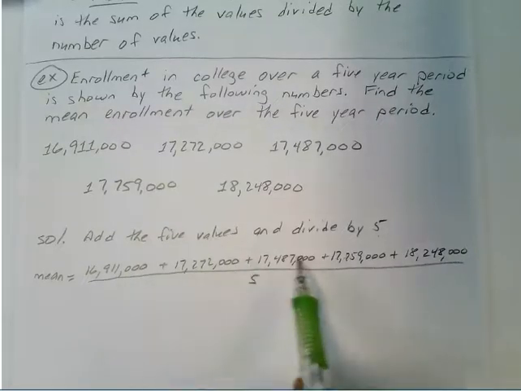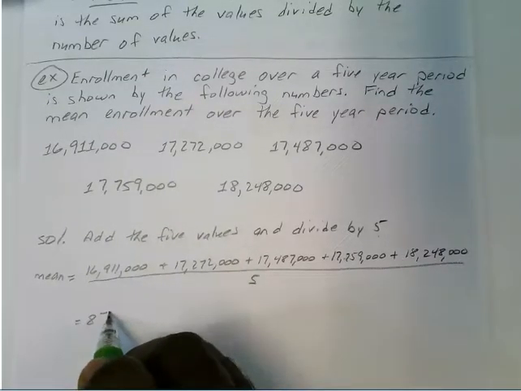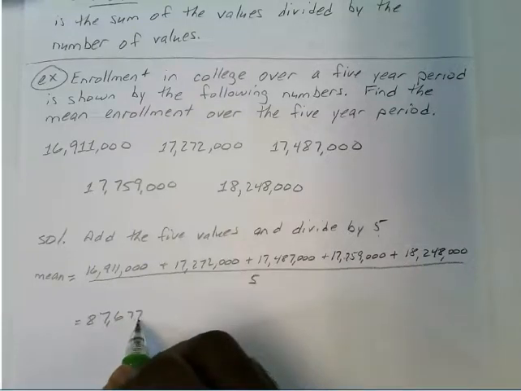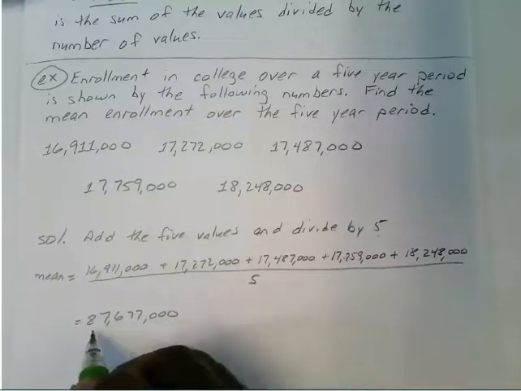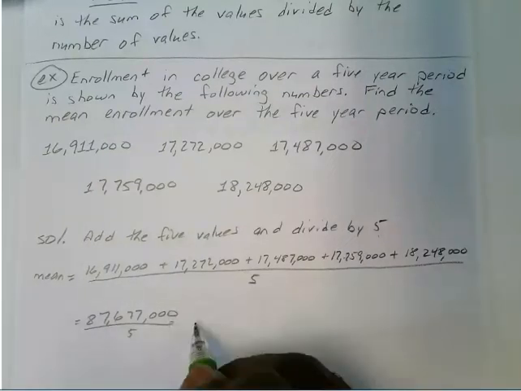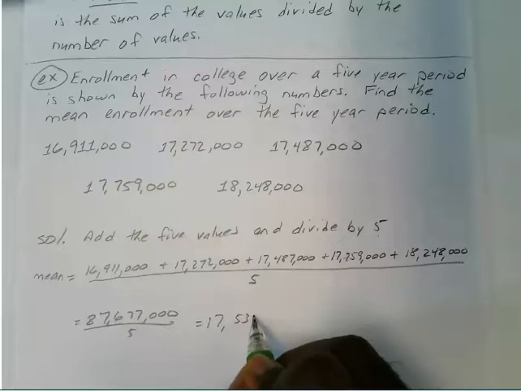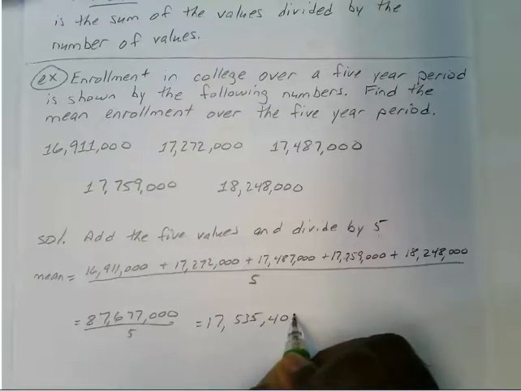If we add all of those together, we end up with 87,677,000 divided by 5. You plug that into your calculator, and you get 17,535,400.